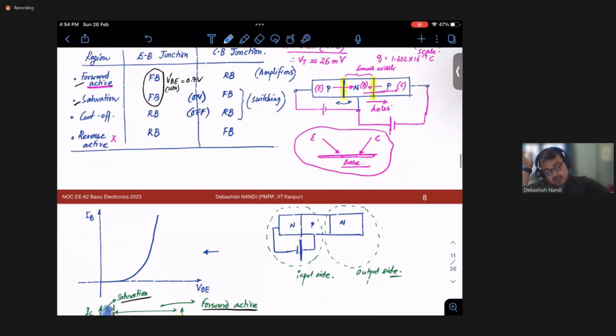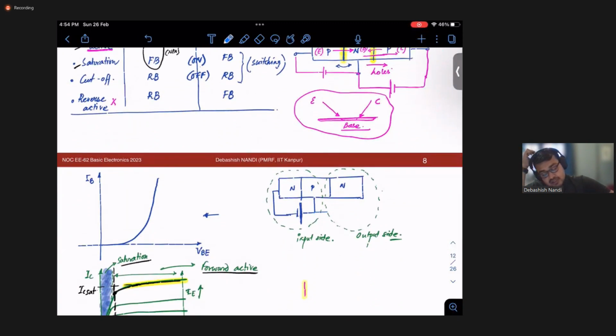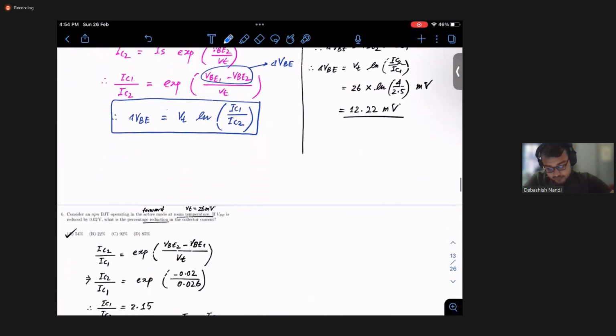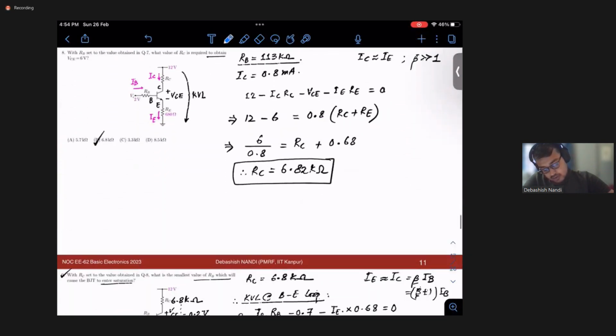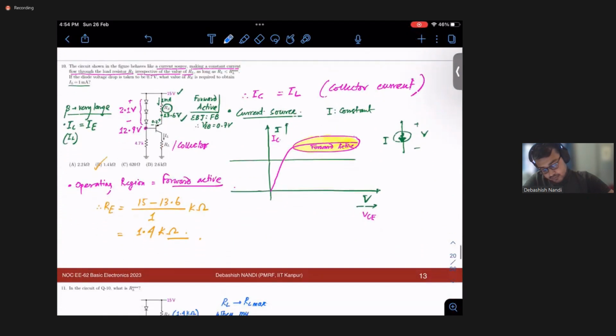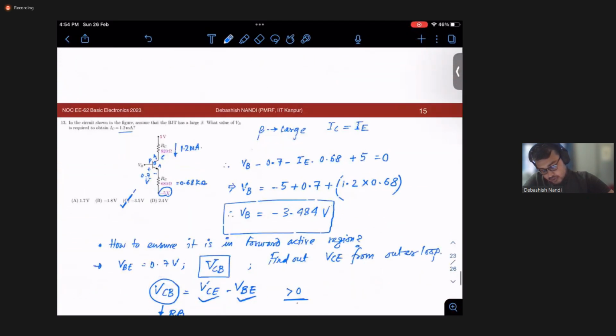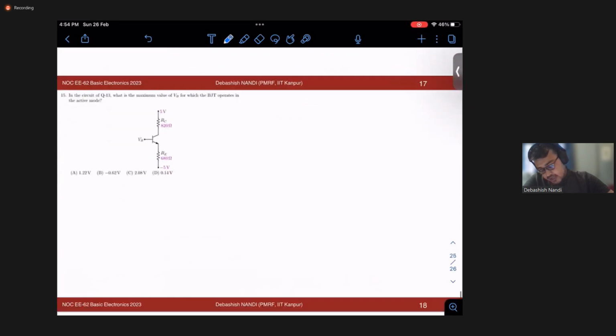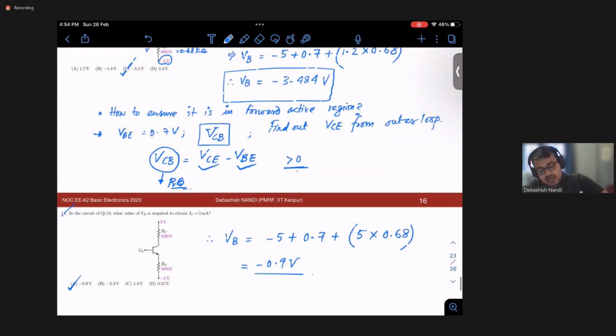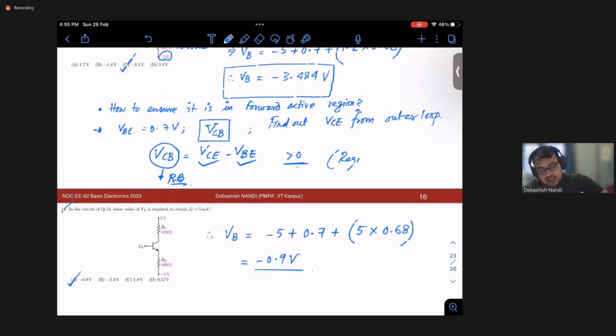So for NPN this has to be this, so this is your C, this is B, and your VCB should be positive. So this is fine. You ensure that the region of operation is correct. This will be a validation check at the end of each problem you do.